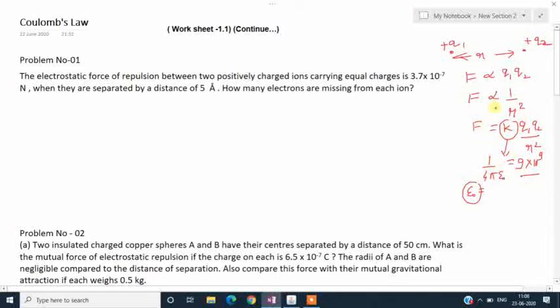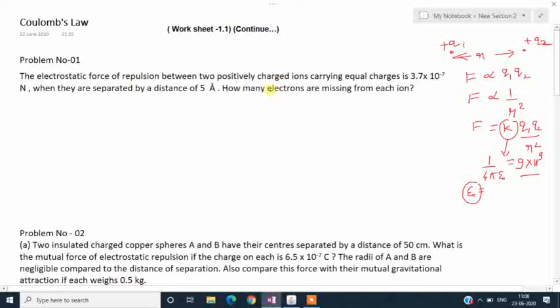Having understood this, it is enough for us to solve these problems. Let us take the first problem. The electrostatic force of repulsion between two positively charged ions carrying equal charges is 3.7 into 10 to the power of minus 7 Newton when they are separated by a distance of 5 angstrom.